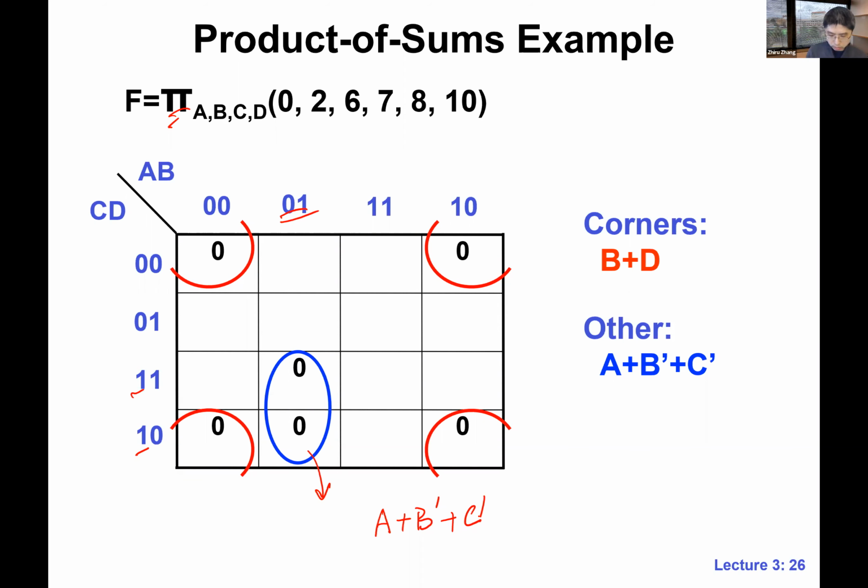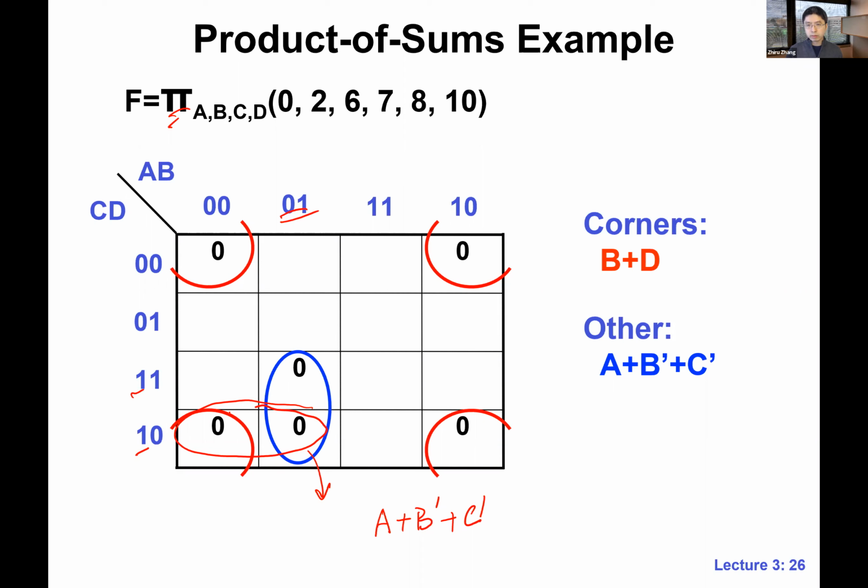So now we have 2 circles, right? What about these 2? We don't have to, since we want to minimize things. The goal here is to cover all the zero cells, and we have already covered all of them.